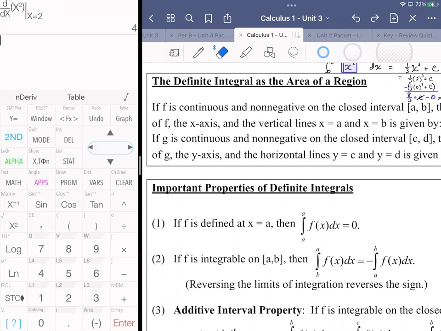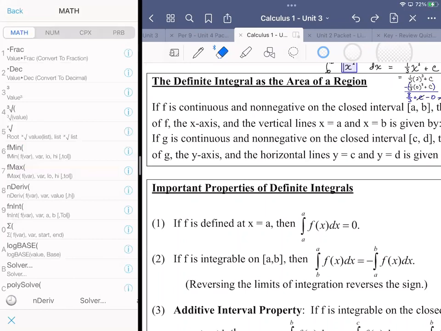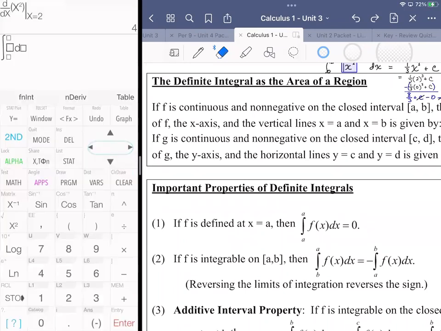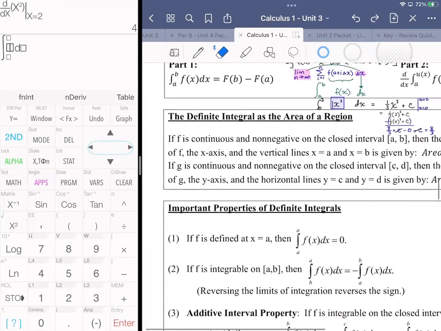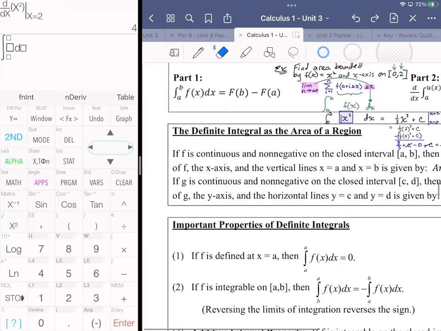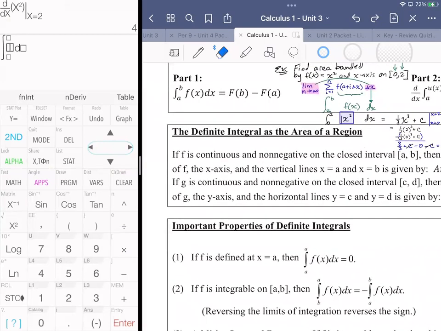But if I need to find the antiderivative, option 9, math option 9, you see it's picture perfect. It's ready to go. It's one of the things the TI folks got right. I know mine's an emulator, but it still looks really nice on the TI calculators also. But if you have an 83, it looks very different.